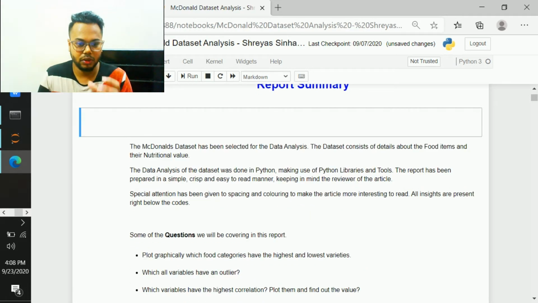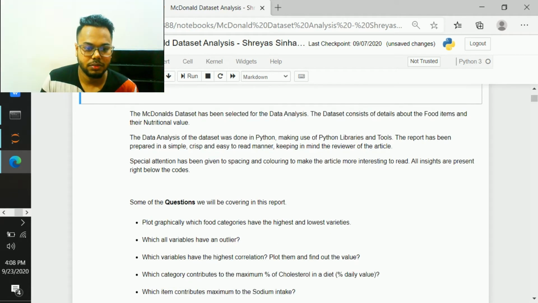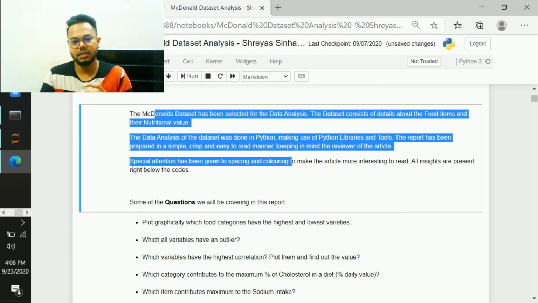Today I would be talking about the McDonald's data set. In the McDonald's data set, the entire nutritional value of each food which is served in McDonald's has been provided.